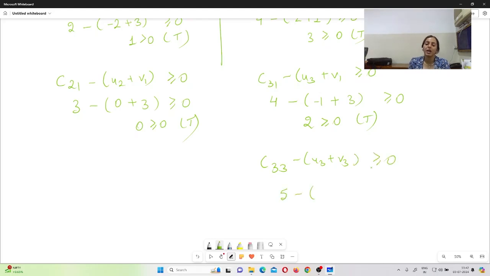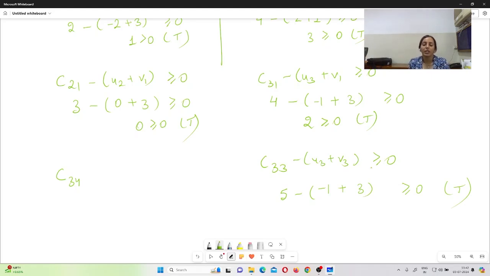Yes, the answer is 2. And the last one we have to find out is C34. Checking the value of C34 also, putting all the calculation over there. C34 minus U3 plus V4 should be greater than equal to 0. Now check it. C34 is 9 minus U3 is minus 1 plus V4 is equal to 1. It's greater than equal to 0.